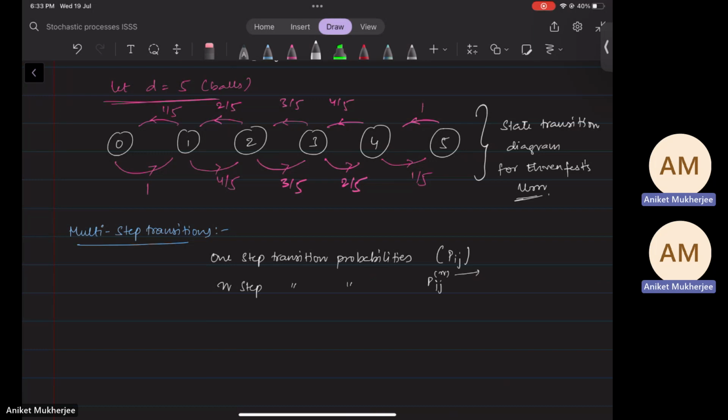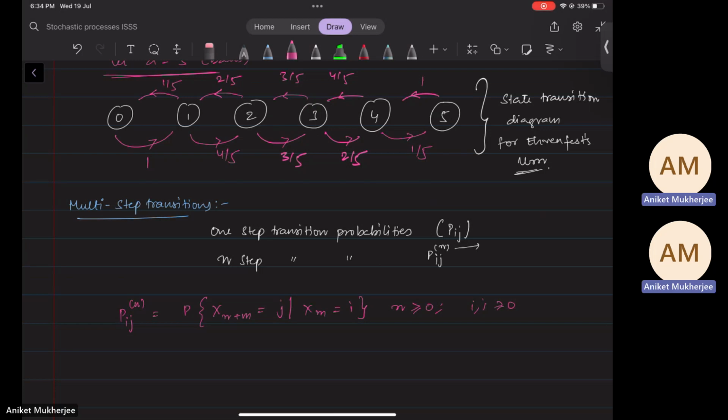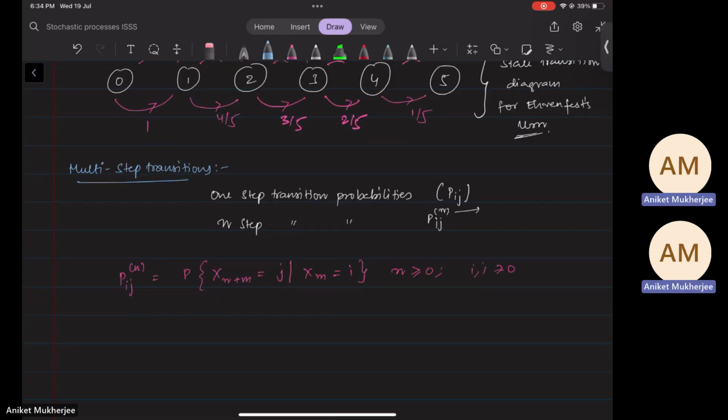So basically P_ij^n equals the probability that X_{n+m} equals j given X_m equals i, for some n greater than or equal to 0, and i, j greater than or equal to 0. So if you see, P_ij^1 is just equal to P_ij. Now we'll discuss the Chapman-Kolmogorov equations, which help us calculate this n-step transition probability.